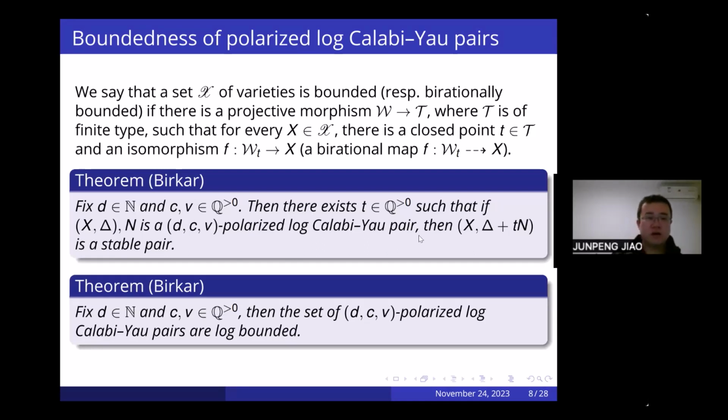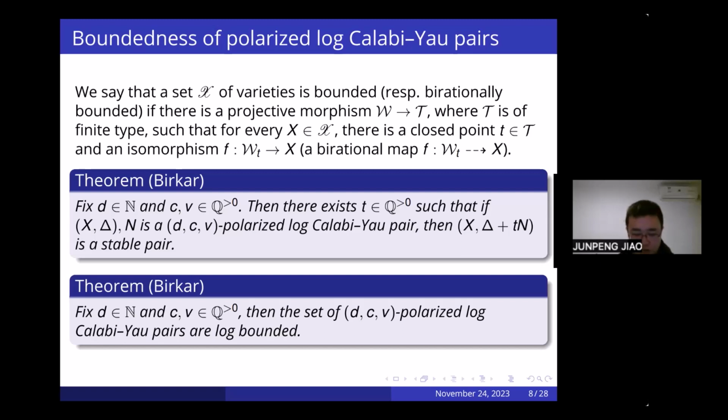Bounded means we say a set of varieties is bounded if there is a projective morphism W to T, where T is of finite type, and such that for every variety in this set, there is a closed point and an isomorphism from a fiber in this projective morphism to this X. And we can also define birationally bounded if we replace this isomorphism by a birational map.